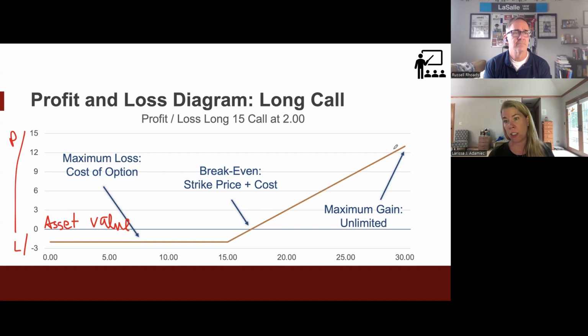So if the stock goes up to 30, if we were long the underlying stock, we would have a gain of 15. But if we're long the call, we'll only have a gain of 13 because we paid $2 for the option. So this is the profit loss diagram of our long call.